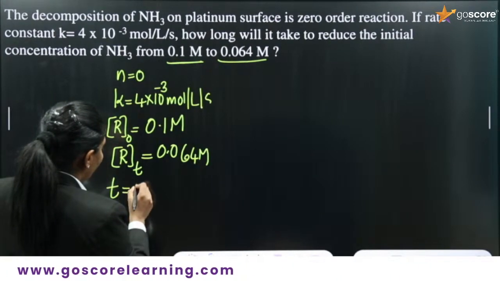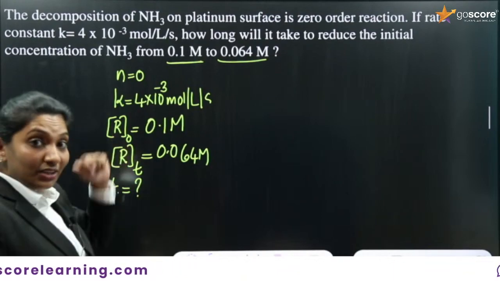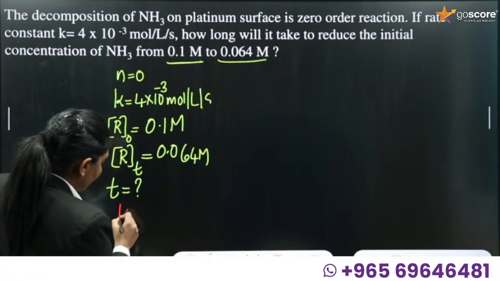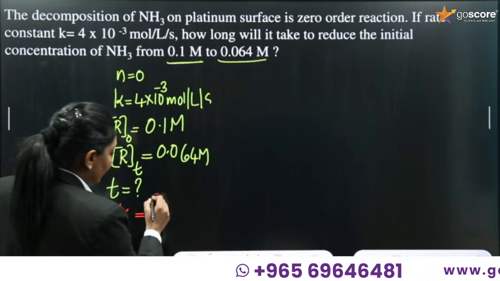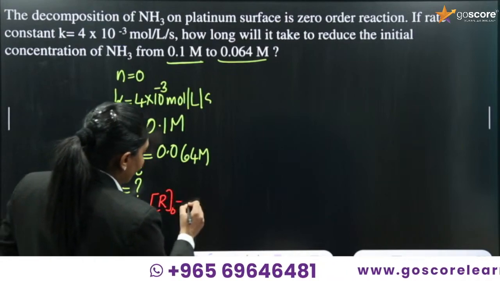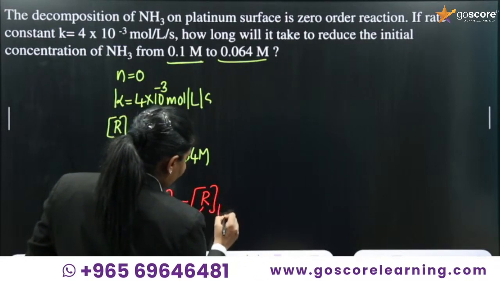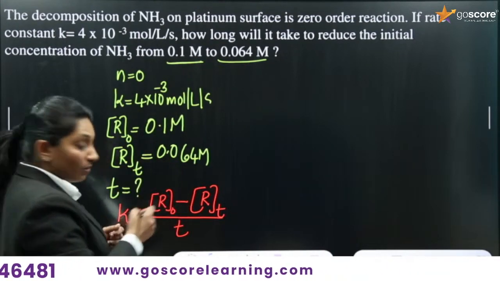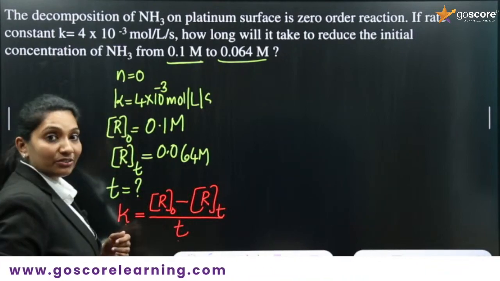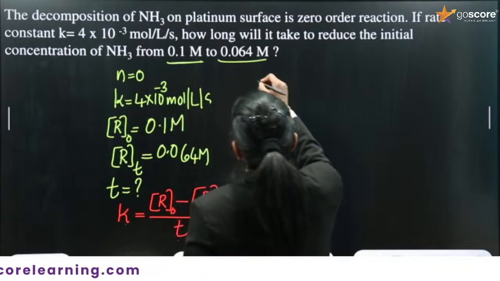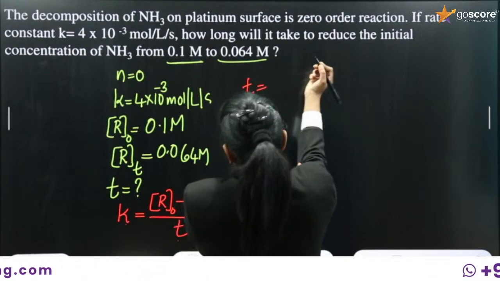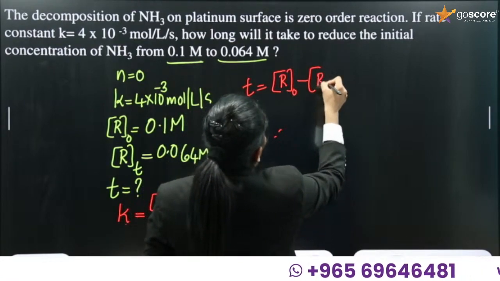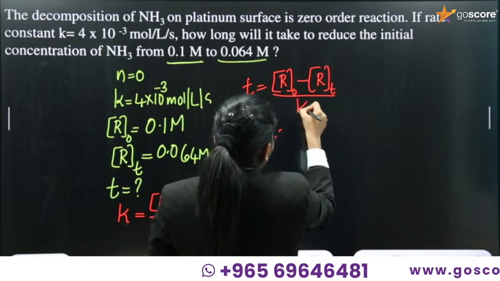So we want to find out the time. How will we find it? For a zero order reaction, how do we find the rate constant? k is equal to R0 minus Rt divided by t. Here the rate constant is provided, R0 is provided and Rt is provided. What you want to find out is the time. So t is equal to R0 minus Rt by k.